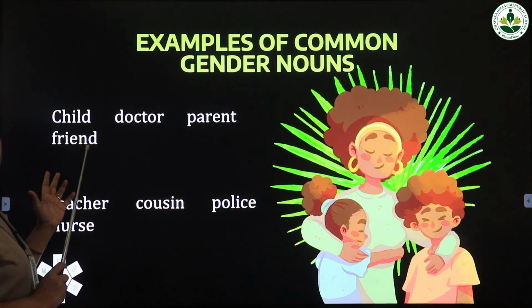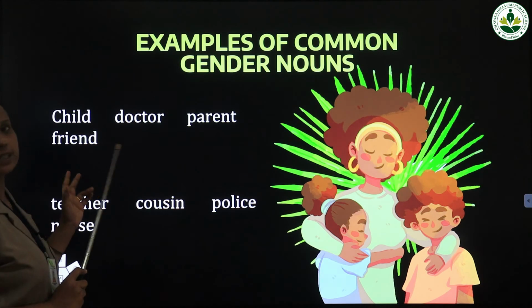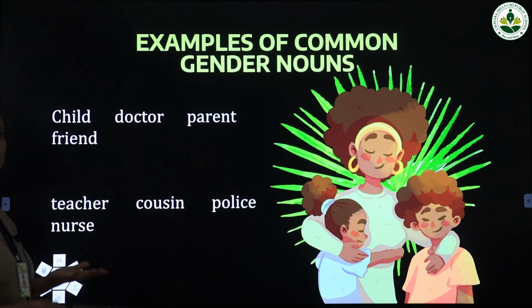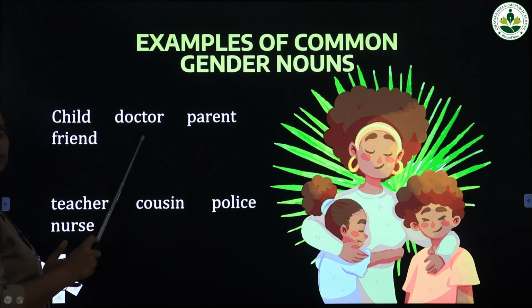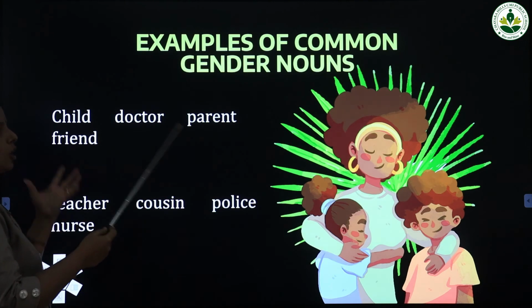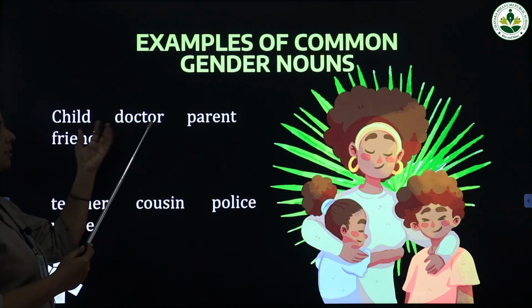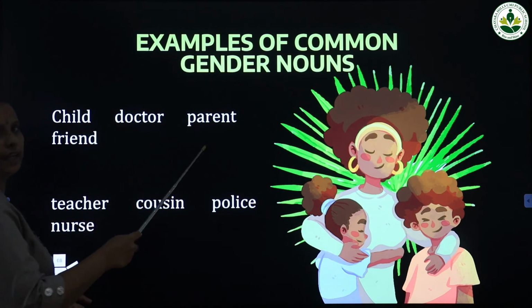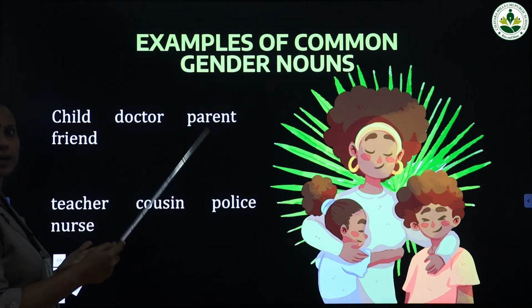Then there are some common gender nouns. Example, child. It can be male or female. Doctor. It can be masculine or feminine. We don't know, so commonly we say doctor. Then parent. It can be father or mother, isn't it?